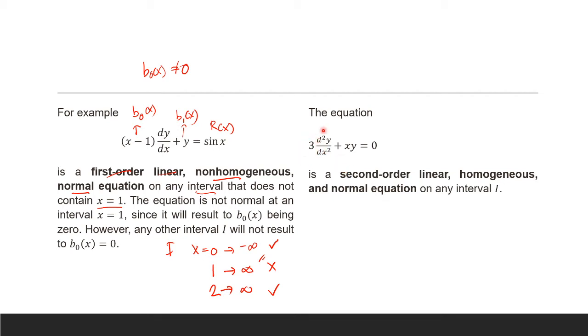Di ba wala? Kasi in the first place, hindi naman nakamultiply constant si 3. Walang nakamultiply sa kanya na any variable, or hindi nakamultiply sa kanya yung variable na x natin, which is what we look into dun sa interval. So therefore, this is a second-order linear, homogeneous, and normal equation in any interval I. Meaning kahit anong interval mo, hindi siya magsi-0.